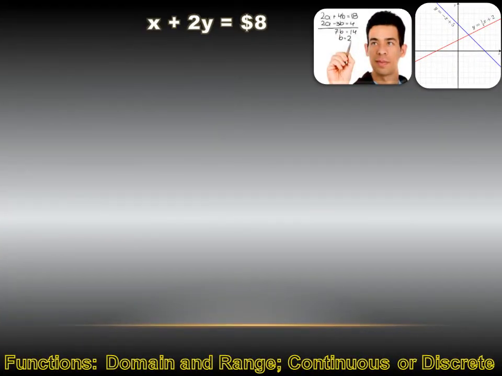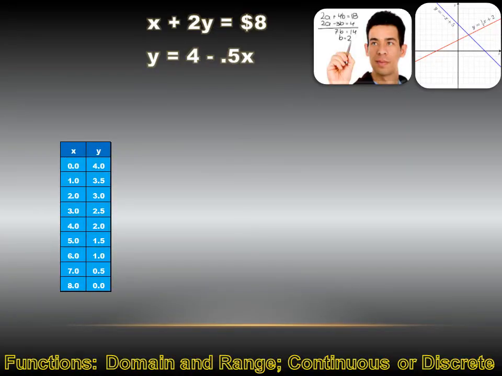Well, let's try an example. Let's say we had an equation, x plus 2y equals 8. Well, that's not a function, is it? First thing we need to do is convert that into a function. And you know enough algebra that you could manipulate that and change it to y equals 4 minus 0.5x. Okay, well now we need some input values, some x values. And that's our domain.